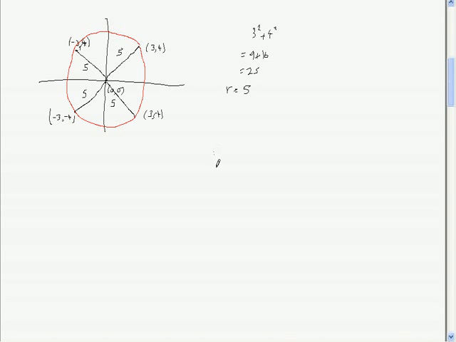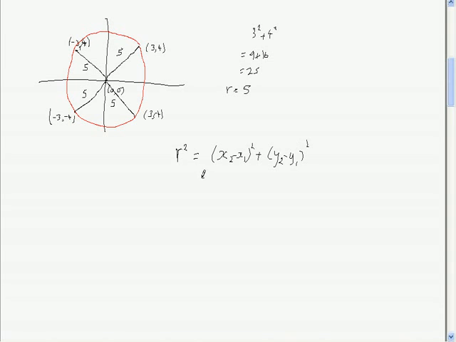The equation of the circle is this. Before I derive the equation of the circle, let me start off with the length of the line, which is r squared equal to x2 minus x1 squared plus y2 minus y1 squared.